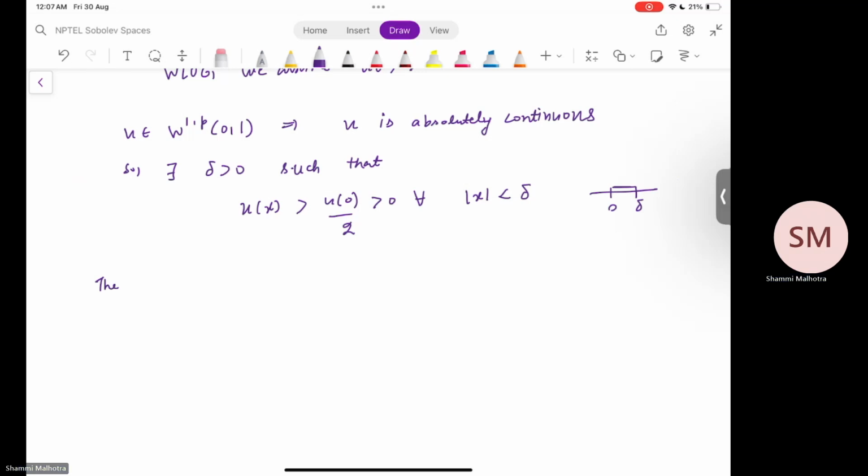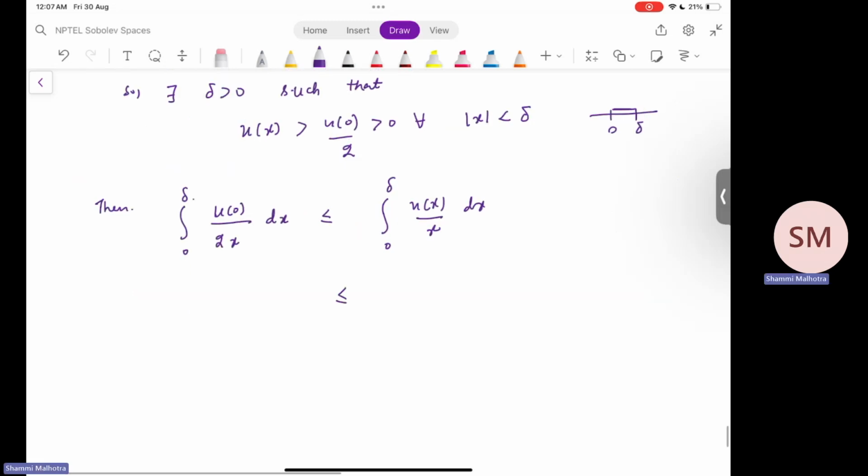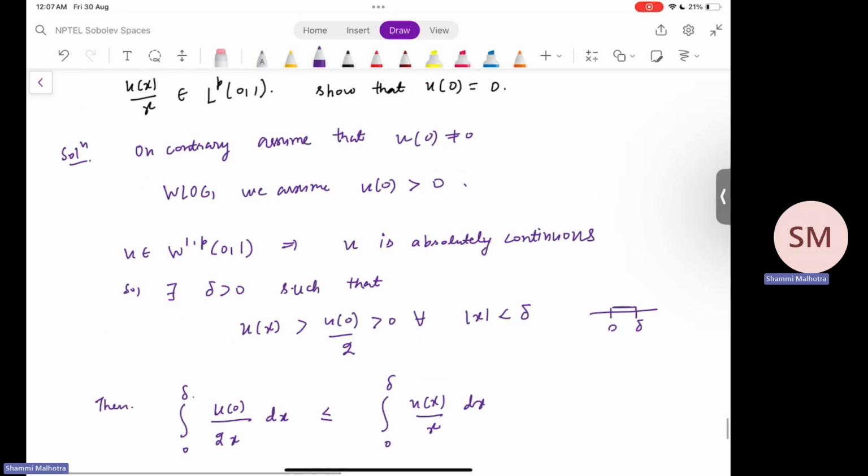Then if I consider the integration from 0 to delta of u(0)/(2x) dx, this has to be less than or equal to the integration from 0 to delta of u(x)/x dx. And not only that, we can then apply the Hölder inequality.